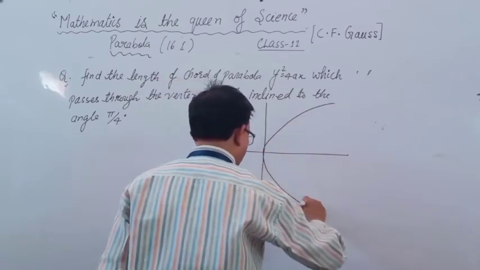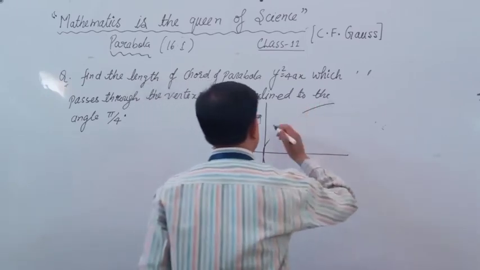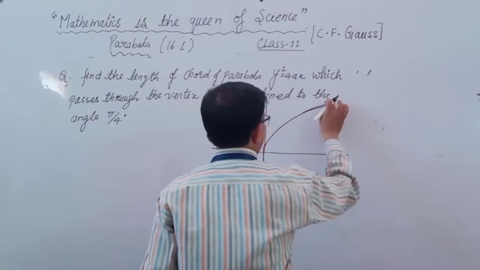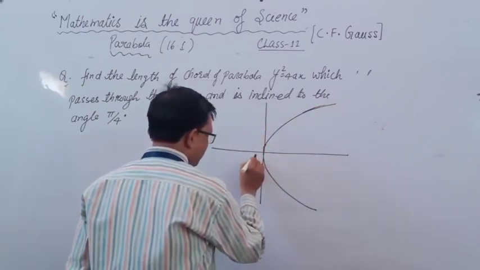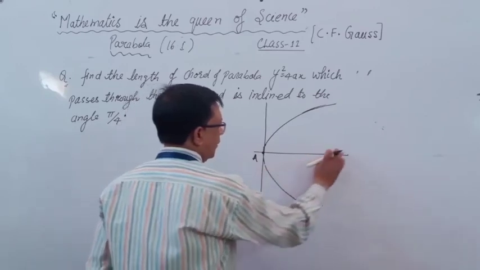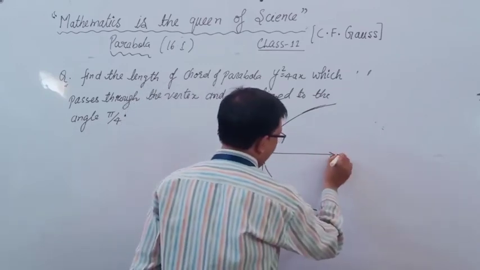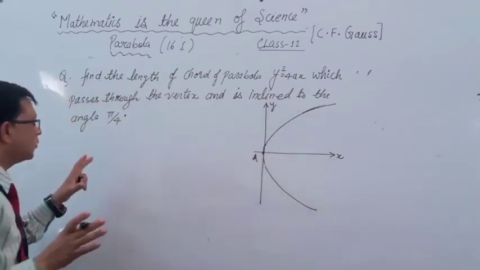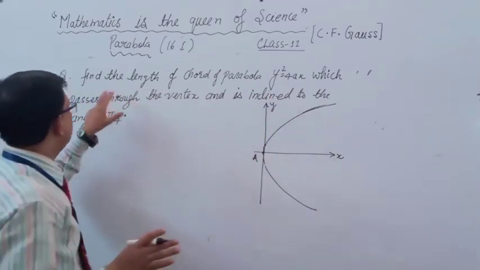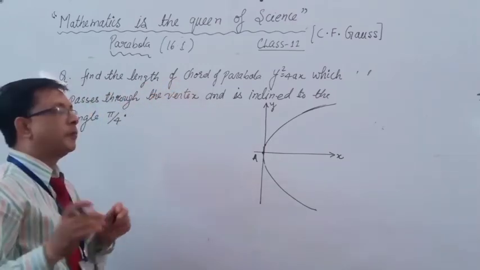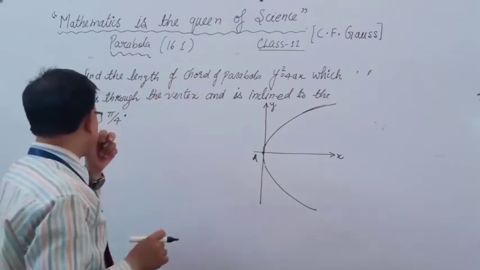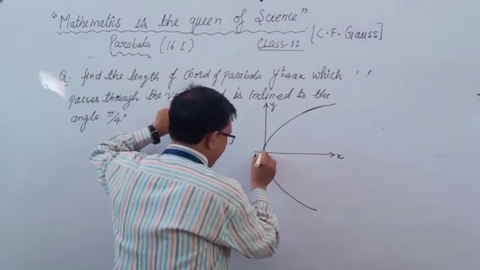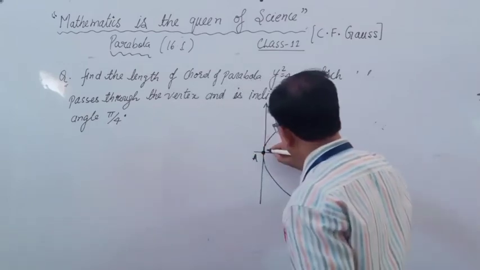This is the vertex of the parabola, here is the x-axis and this is the y-axis. We are going to find the length of the chord of the parabola which passes through the vertex.